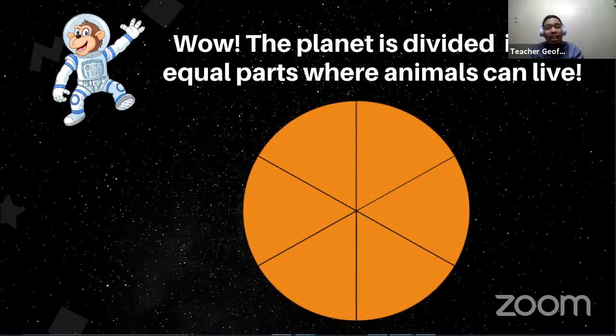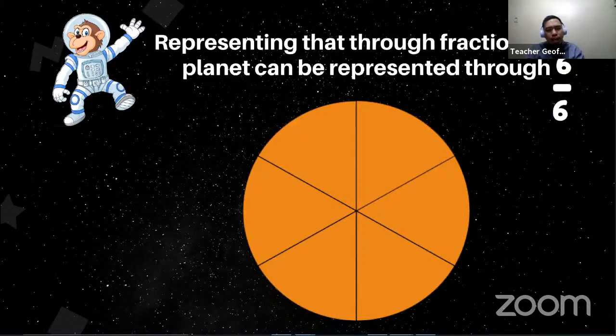It's divided into 6 equal parts where animals can live. Okay, now let's see what animals are living here. Monkey tells us that representing that through fractions, the planet can be represented by 6/6.